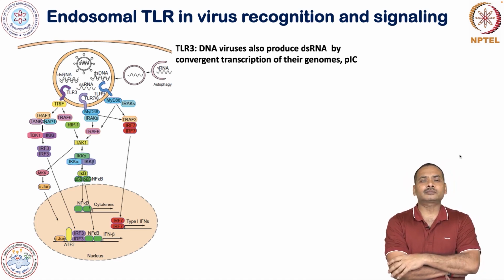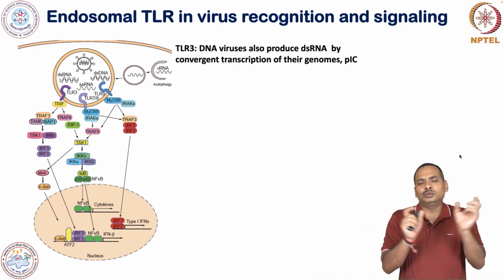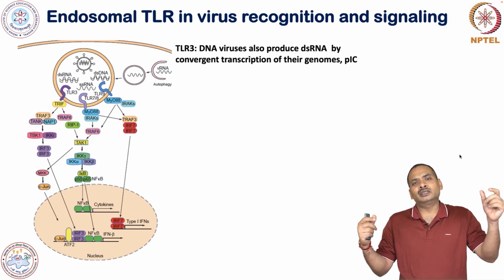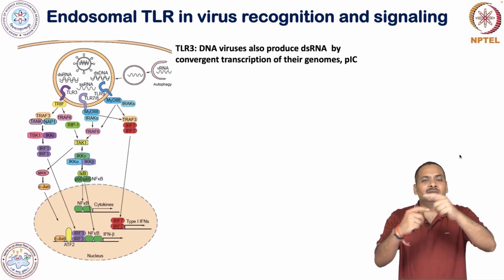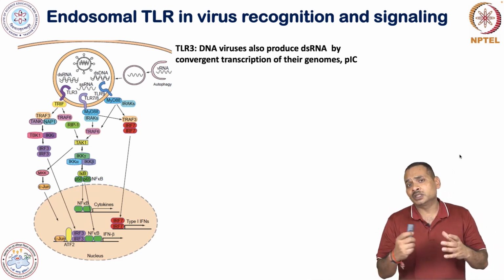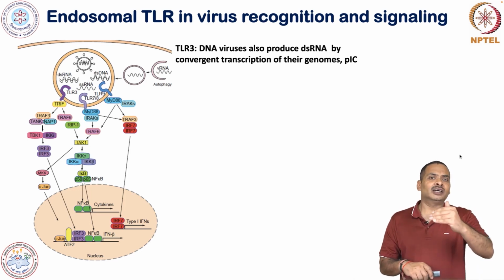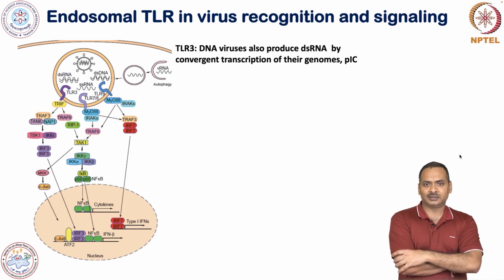What do you mean? There will be 2 promoters on 2 different strands, so they can make RNA molecules that eventually become a double stranded RNA molecule, and this double stranded RNA is sensed by TLR3.